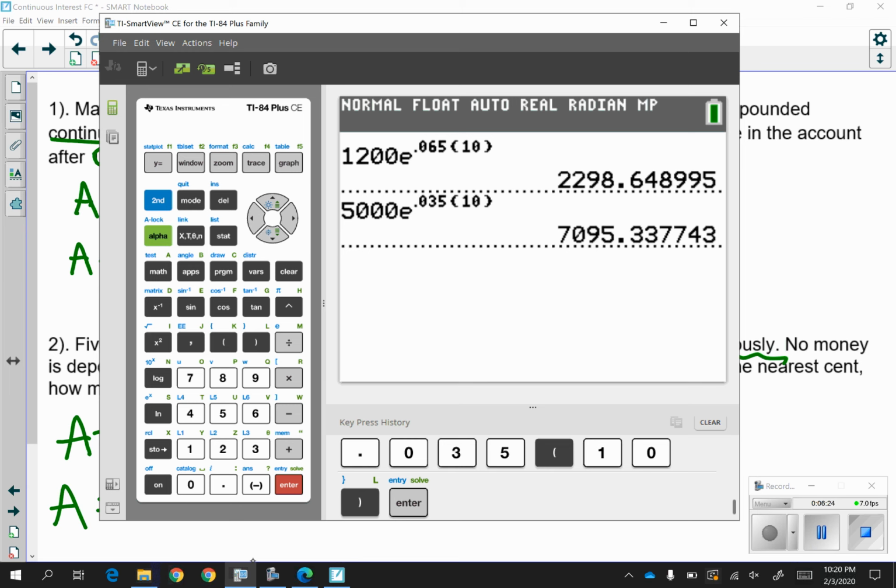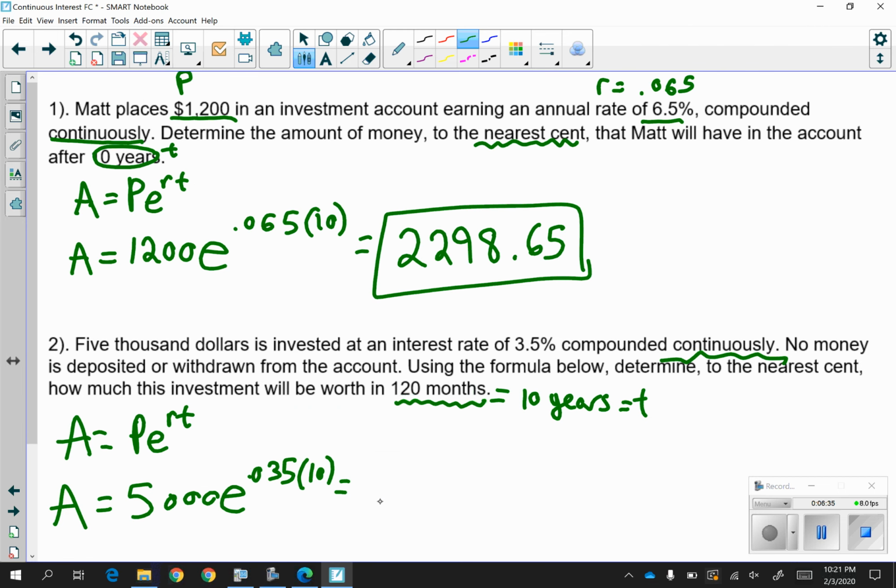If you put this in the calculator, this time we're going to get $7,095. And if you round it to the nearest cent, that is 34 cents. So just remember to always use PERT anytime you see the word continuously. And that's all for this video.